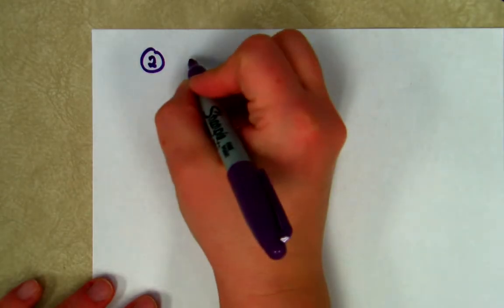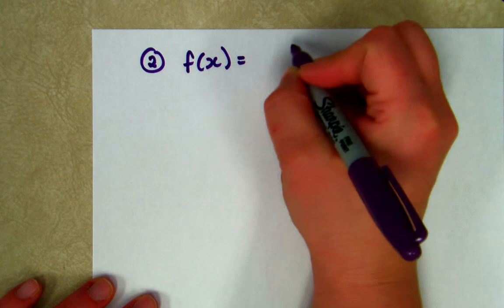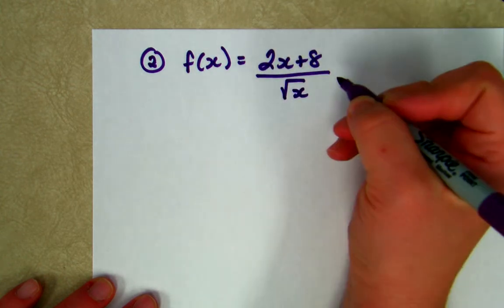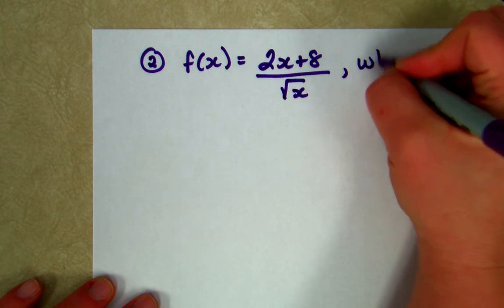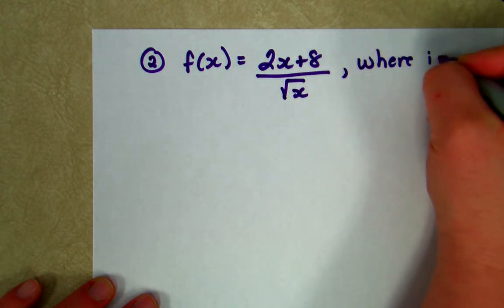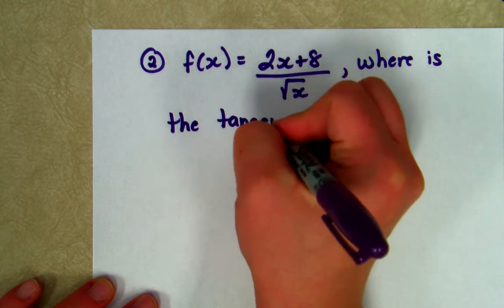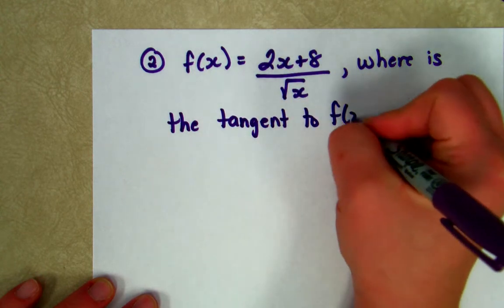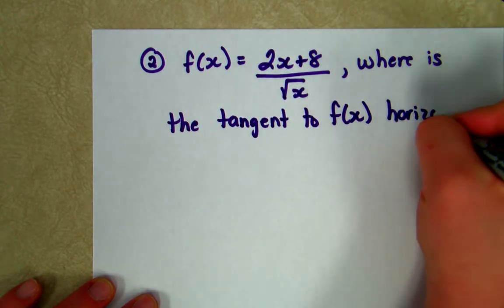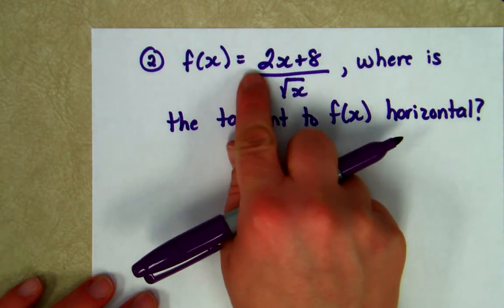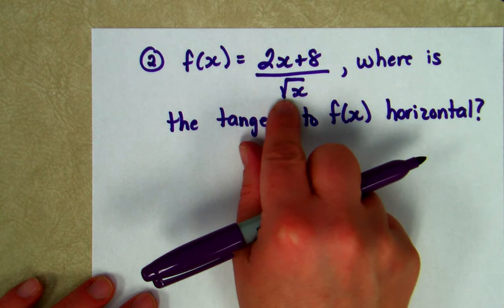Let's look at one more example. We have a function f of x equals 2x plus 8 all over the root of x.